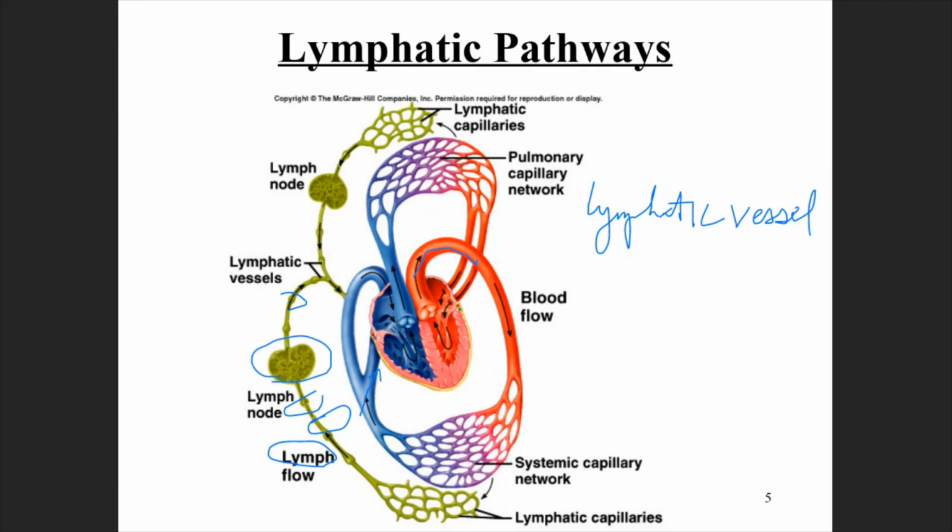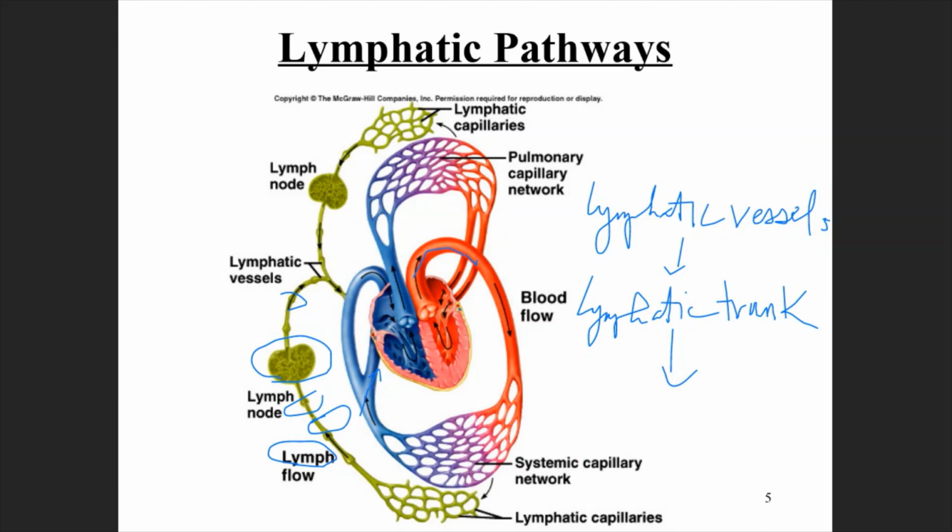And then these vessels will merge to form different lymphatic trunks, right? And the trunk could be the mediastinal trunk, the abdominal trunk, and then from the trunk, it goes into the lymphatic duct.